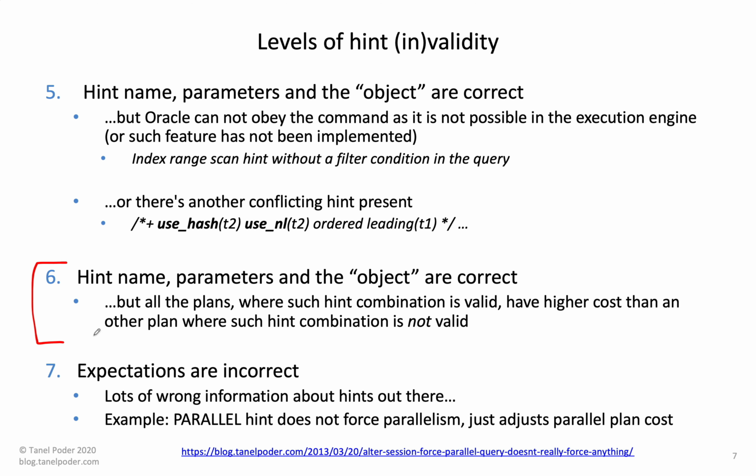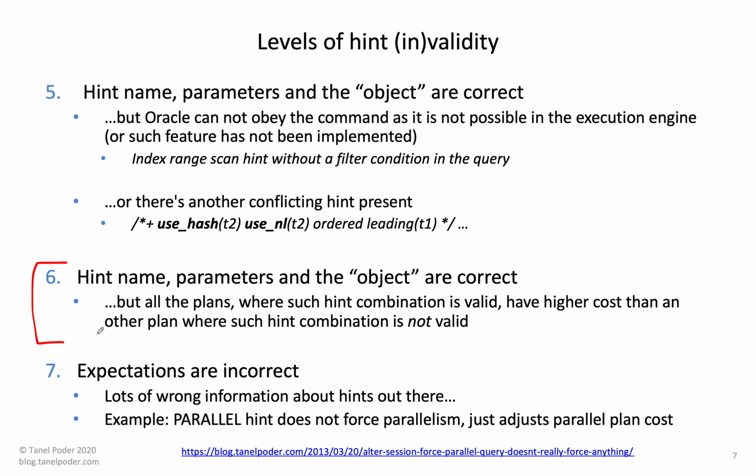So there are cases where you add a hint which is okay and correct in a narrow view, locally, but then the query transformer tries other things as well, other plan shapes or other query block shapes.